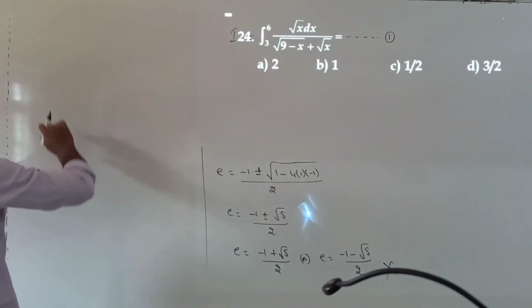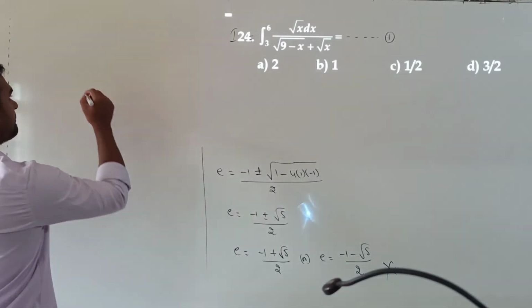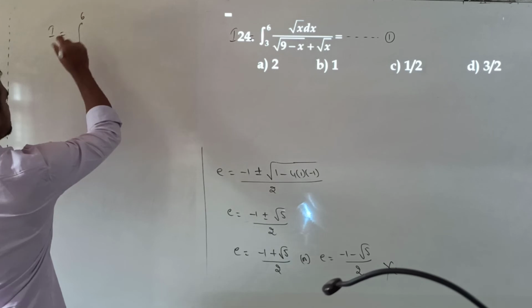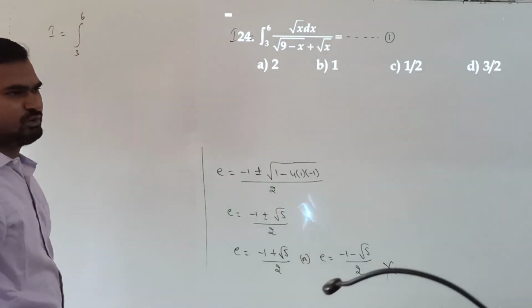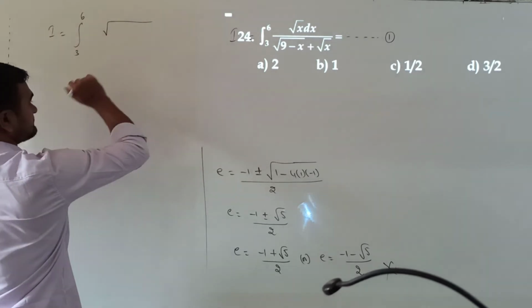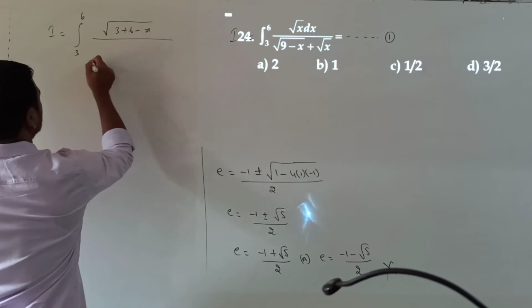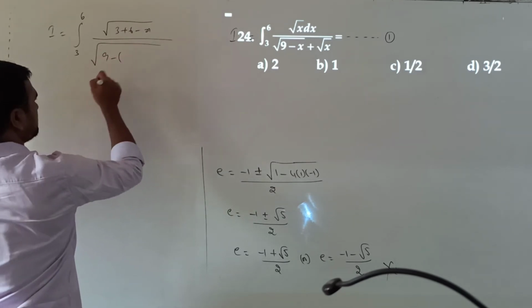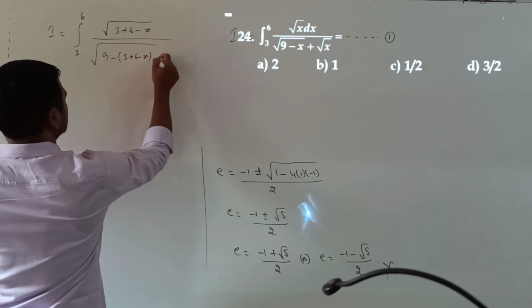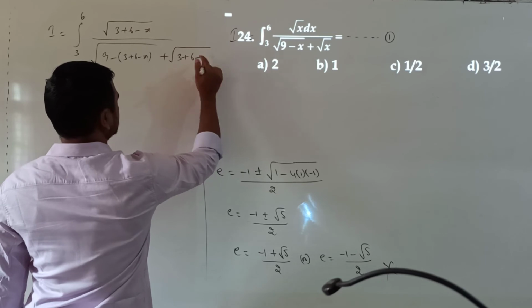Now the limits are of the a to b type, so apply the property of integral a to b. The same integral from 3 to 6. Apply the property: replace x with a plus b minus x. So root of 9 minus (3 plus 6 minus x), and root of 3 plus 6 minus x.